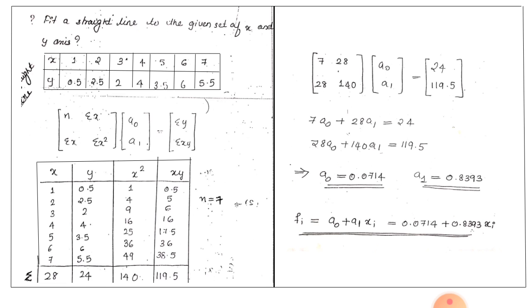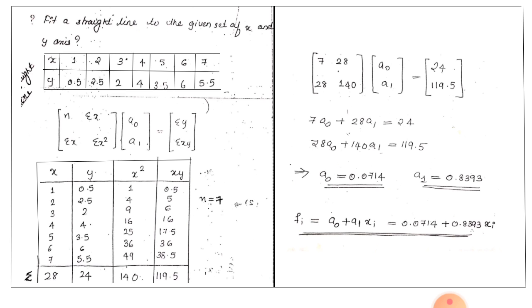Now after substituting you have to find the values of a0 and a1. Why? Because we know the equation for a straight line is fi equal to a0 plus a1xi.